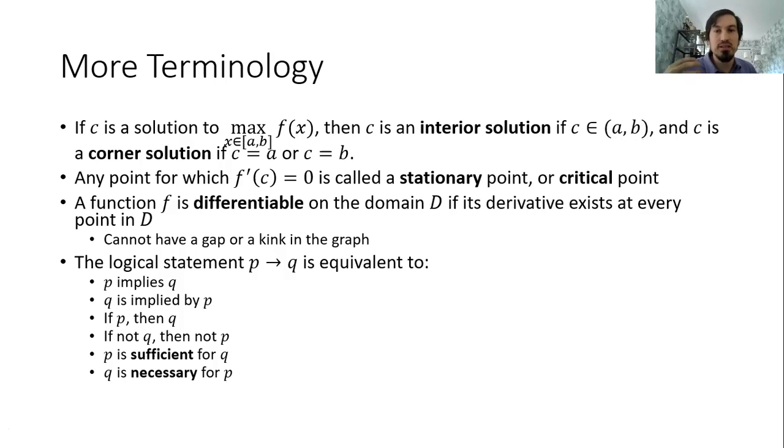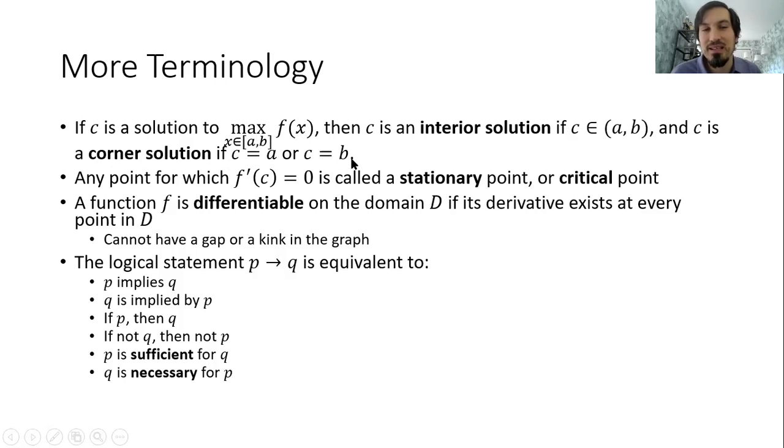So I want you to know what it means when we say interior solution. It just means it's not one of the two boundaries. And if it is one of the two boundaries, we call it a corner solution. So if the maximum of this problem happens to be when X equals A or when X equals B, you call that a corner solution.